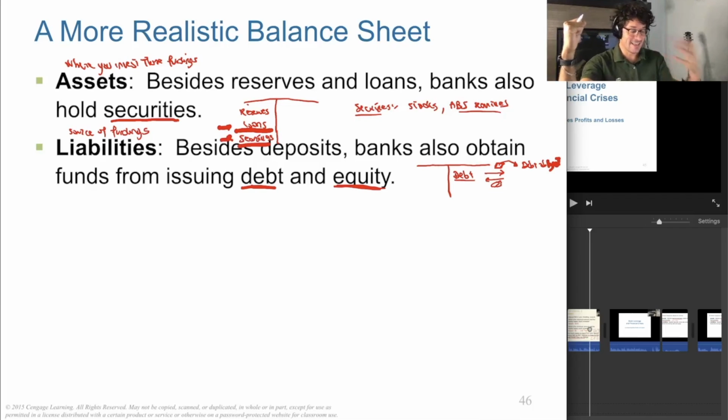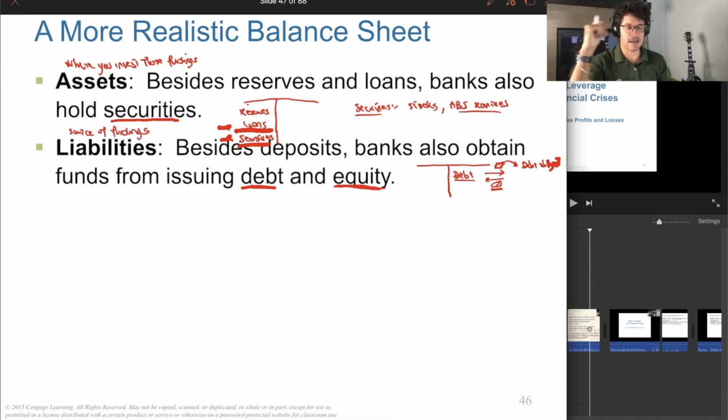Chase issues that, and promises to repay the principal amount, the amount it received at the beginning, plus some interest rate. So the important part is that it is a promise to repay. It has to be repaid. Of course, firms can default on their debt, but in principle, there is this implicit promise.